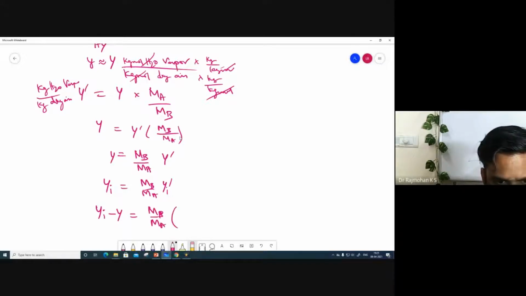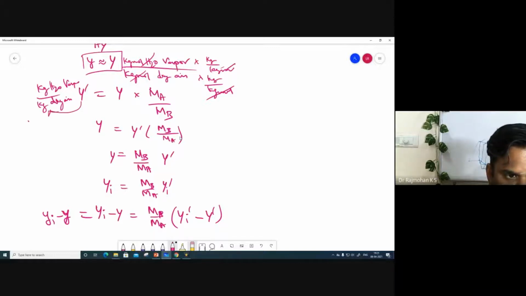MB by MA, which is common outside, into (Yi dash minus Y dash). We have seen that small y is approximately equal to capital Y, so we can say yi minus y is equal to capital Yi minus capital Y, which is equal to MB by MA into (Yi dash minus Y dash), where Y dash has the unit of mass ratio.